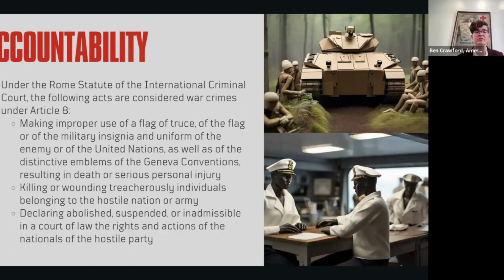Now, a note that all of these prompts, while they are under Article 8 and are considered war crimes, are also applicable exclusively to international armed conflicts, as are many of the prompts and framework that I have discussed today. Well, it is applicable to non-international armed conflicts via customary international law.